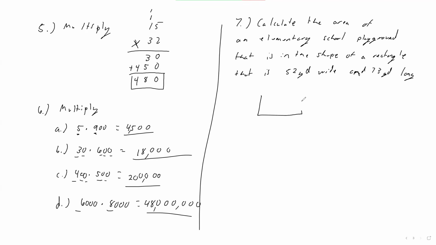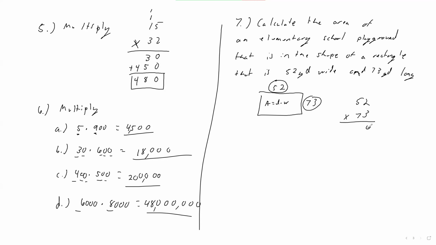So draw it out. It's 52 by 73, vice versa, it doesn't matter. What you need to know about the area of a rectangle is it is length times width. So you just have to do this number times this number. So that's 52 times 73.